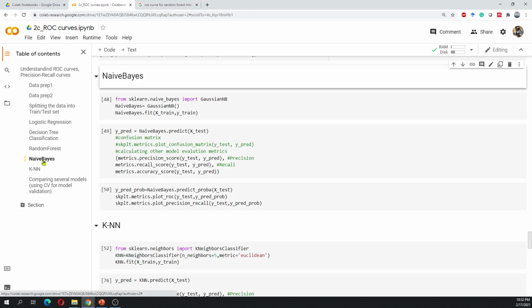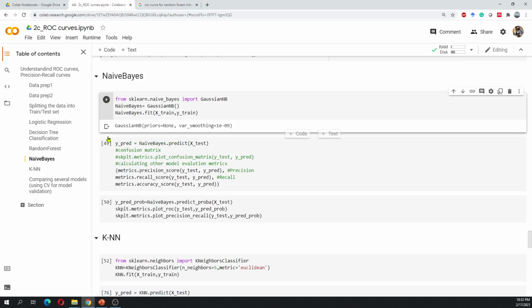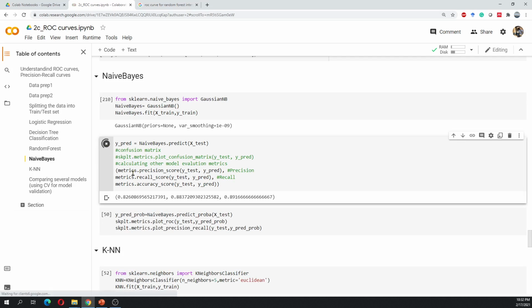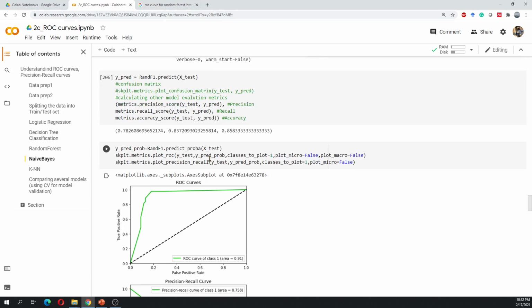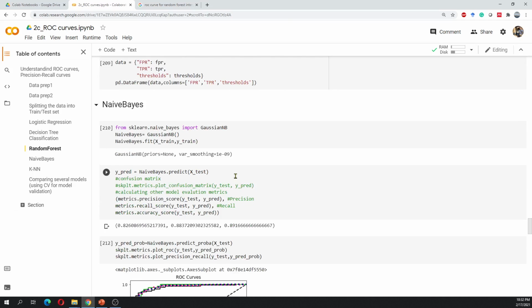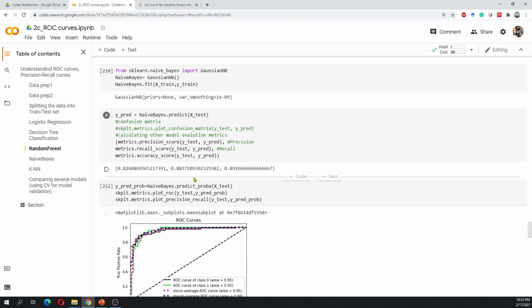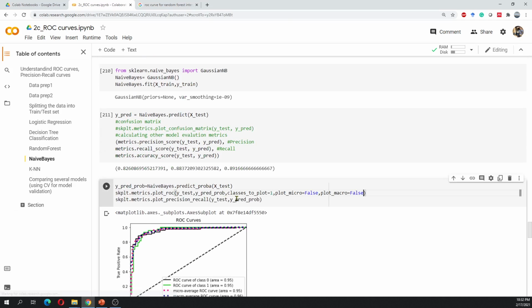And for the naive Bayes, let's try that here, and let me run this. Similarly, let's just look at the outcome class 1 over here and over here.